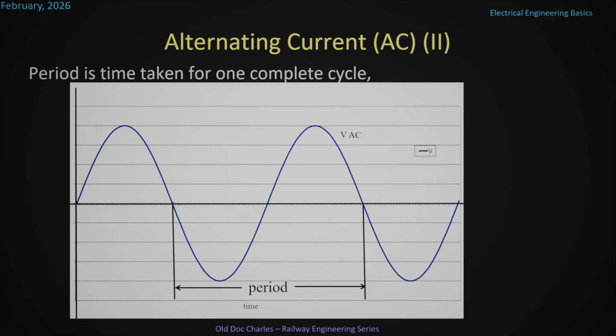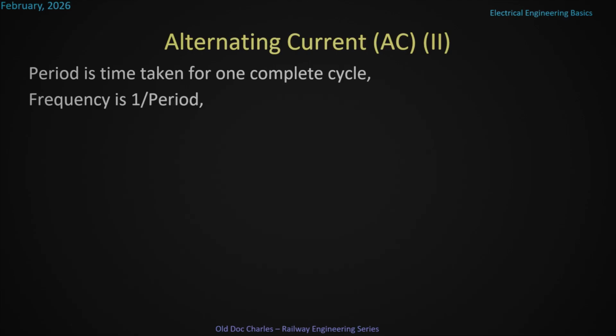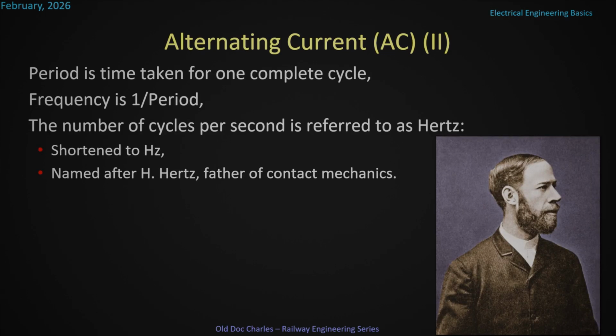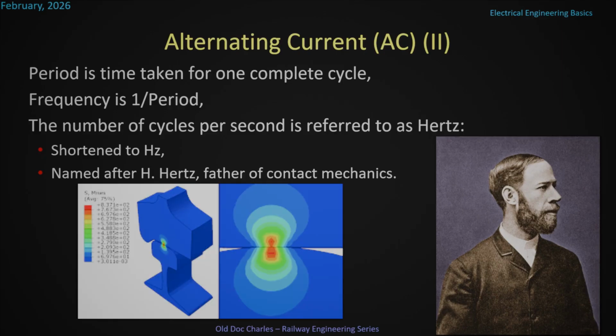The period is the time taken for one complete cycle, and you can see here that the period starts when the voltage crosses 0, then goes down into the negative, back across 0, up to the positive, and then back down to 0. That's the period. Frequency is defined as 1 divided by the period. The number of cycles per second is referred to as hertz, shortened to Hz, and it's named after Heinrich Hertz, who's the father of contact mechanics, which we'll learn about more in a future video.